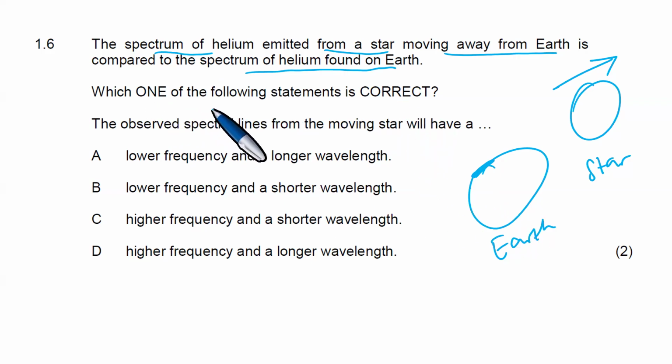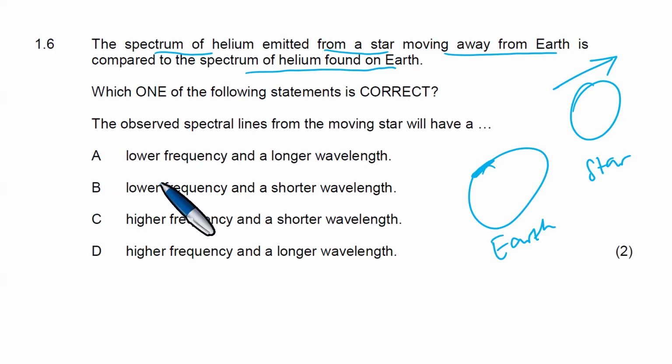Okay, which of the following statements is correct? The observed spectral lines from the moving star will have a what?